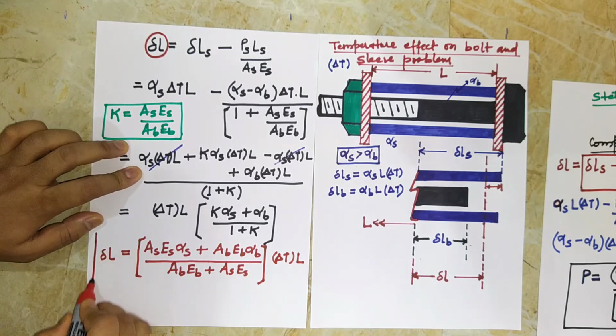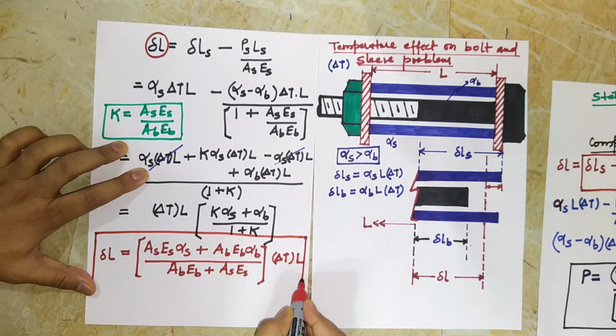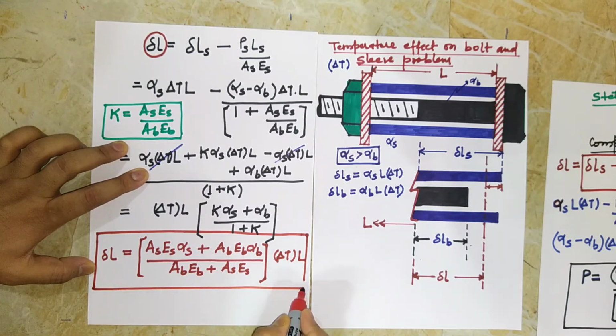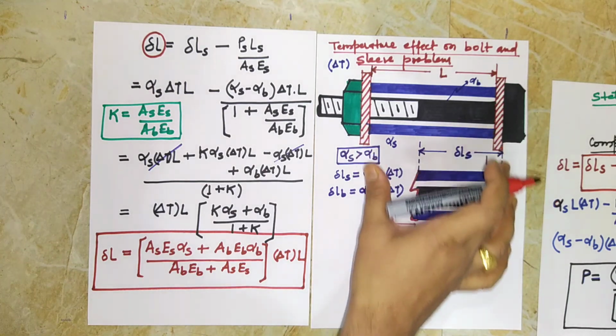So this is our final change in length when a bolt and sleeve assembly is subjected to change in temperature and not allowed to freely expand, but is bound by this assembly.